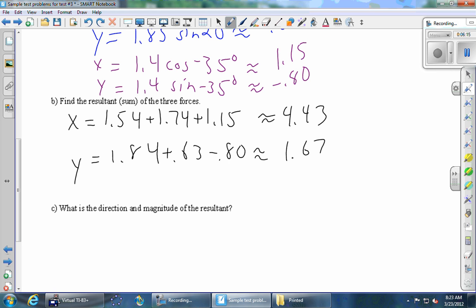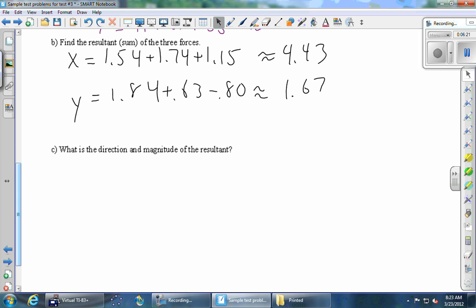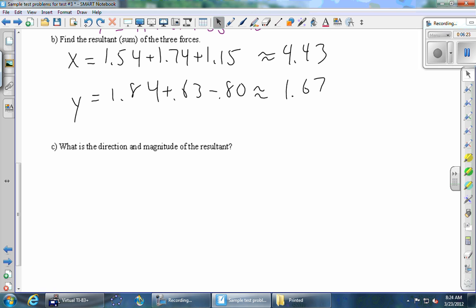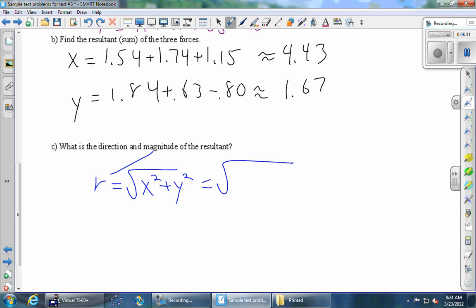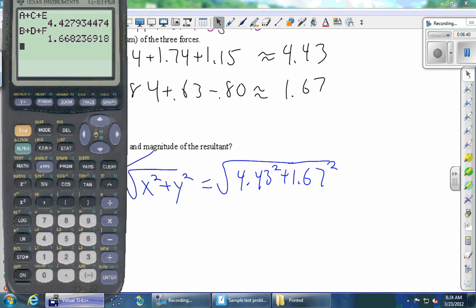And then finally, the direction and the magnitude of the resultant. In part C, to find the magnitude, we use our familiar formula. R is equal to the square root of x squared plus y squared, using the x and the y that we just found. So let's use that on the calculator.